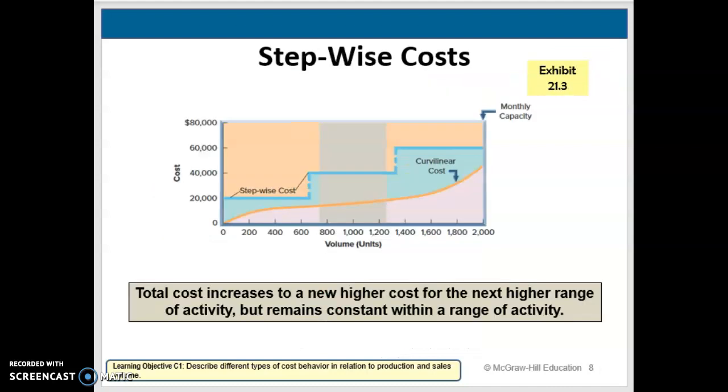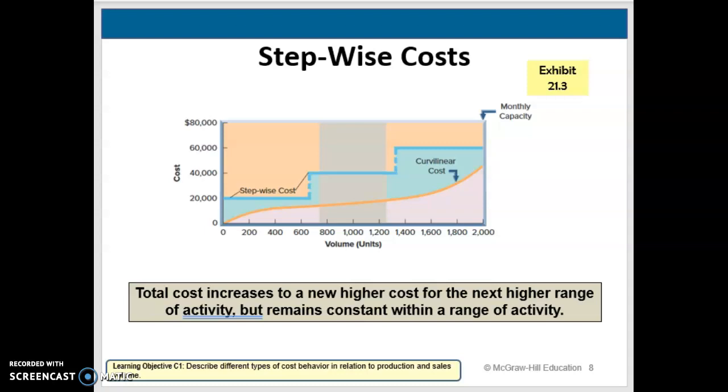All right, let's look at our next kind. We have something called a stepwise cost. A stepwise cost is also sometimes called a stair step, and you'll see that it looks like a stair step in the picture. That reflects a step pattern in cost. Typically we see this with a production company, where the salaries of their production supervisors follow the stepwise pattern.